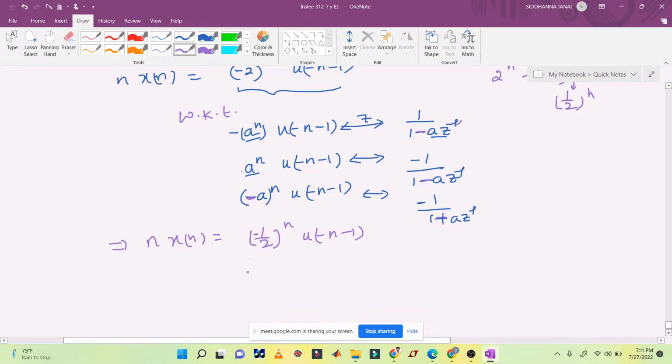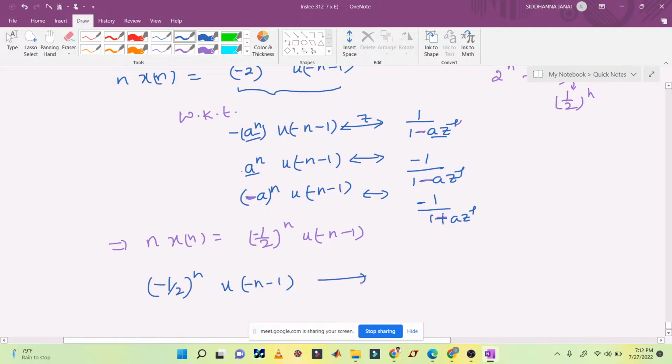So for this one we can write, considering this as x1 of n, let it be, I will consider minus 1 by 2 to the power n u of minus n minus 1.